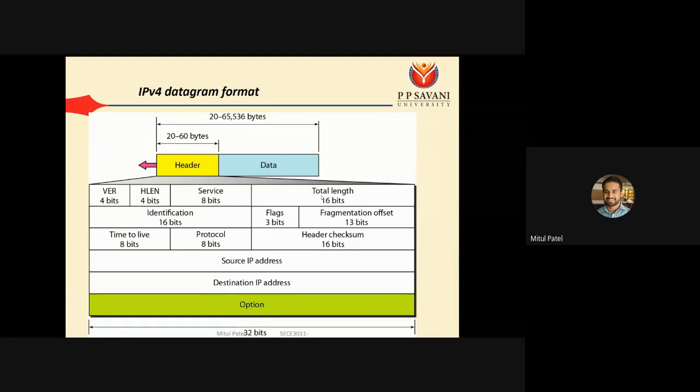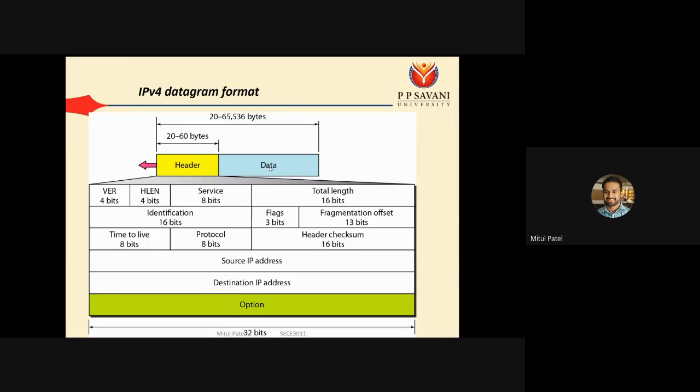The last 16 bits are reserved for the total length. We know that 65536 bytes can be represented by 16 bits, so the total length is 16 bits. Given the total length and header length, you can find out the data length.